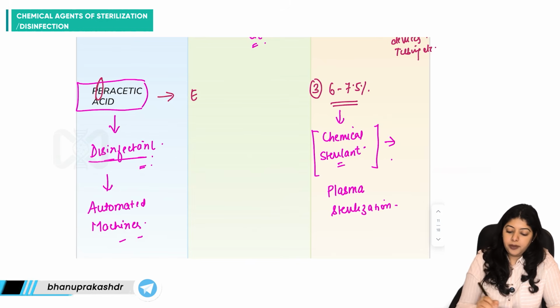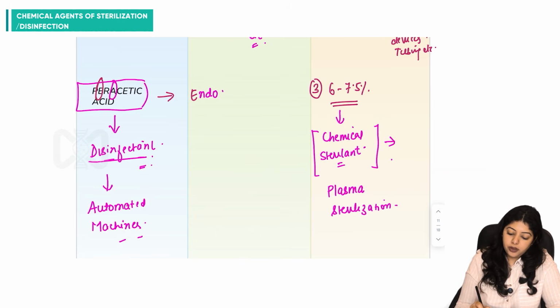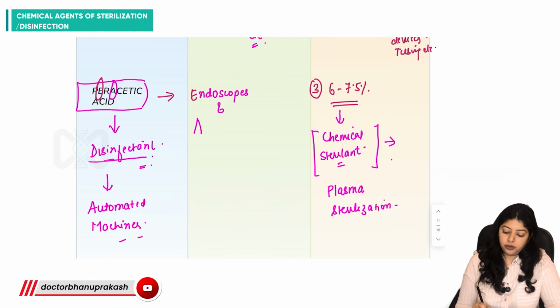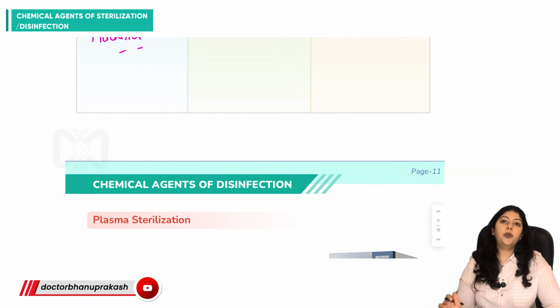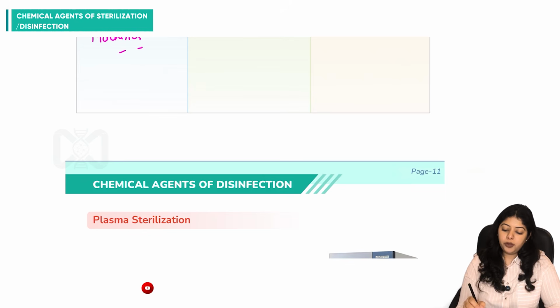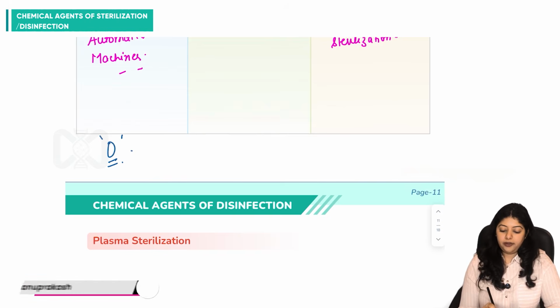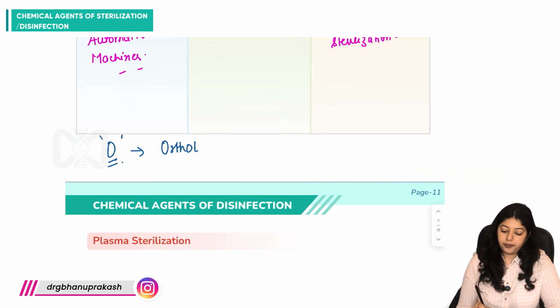It is the endoscopes and arthroscopes. One important point when we are talking about scopes is the letter O, and with O we had orthophthaldehyde.